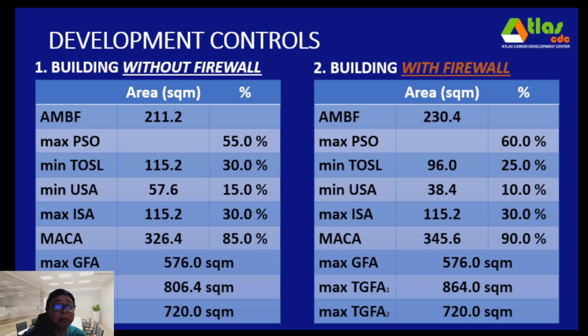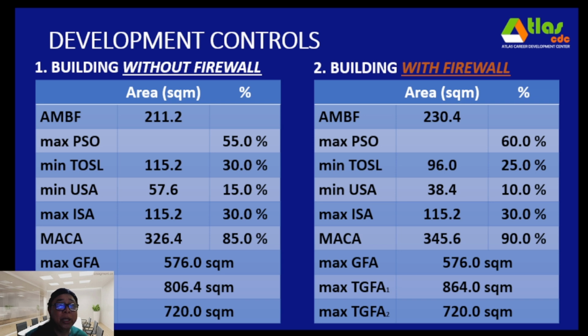You will see here that for the maximum GFA, whether with firewall or no firewall, that will give you the same value, and the maximum TGFA based on the max GFA therefore will also have the same value without firewall and with firewall.